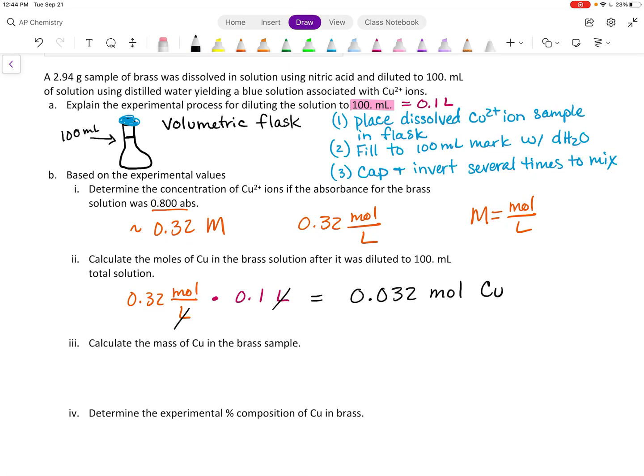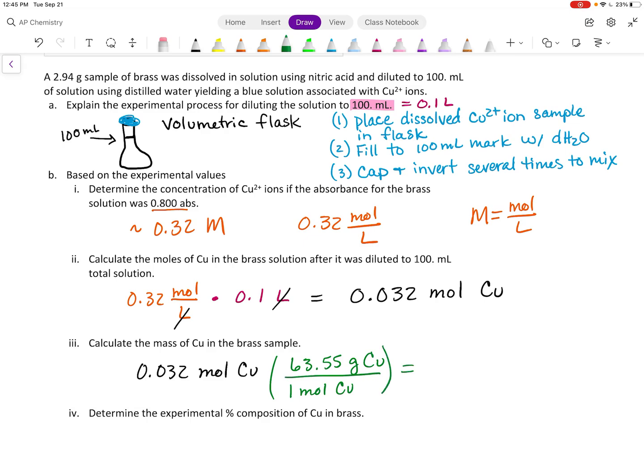All right, the next thing, it asks us for the mass of copper in the brass. So if those are moles, we have to multiply by the molar mass of copper. So 0.032 moles of copper from the sample, and we're going to multiply that times the molar mass. So for every 1 mole of copper, we know there's 63.55 grams of copper.